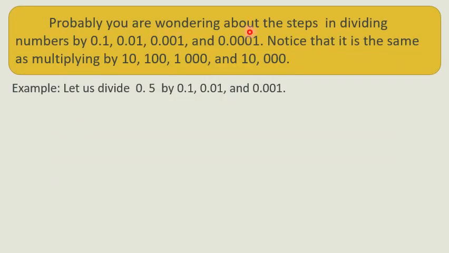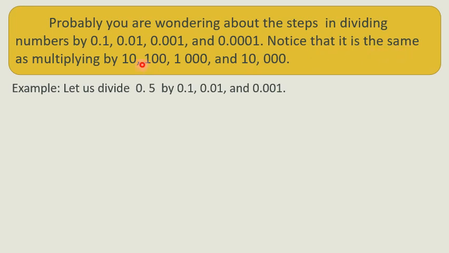So probably you are wondering about the steps in dividing numbers by 1 tenths, 1 hundredths, 1 thousandths, and 1 10,000ths. Notice that it is the same as multiplying by 10, 100, 1,000, and 10,000. So pag nag-divide kayo dito sa decimals na to, parang nagmumultiply lang kayo ng 10, 100, 1,000, and 10,000.